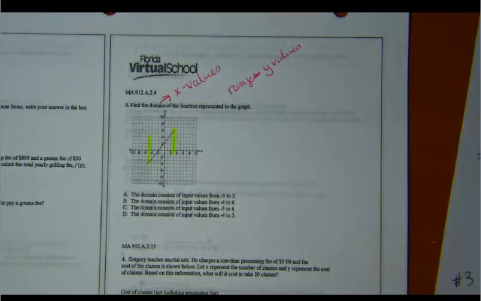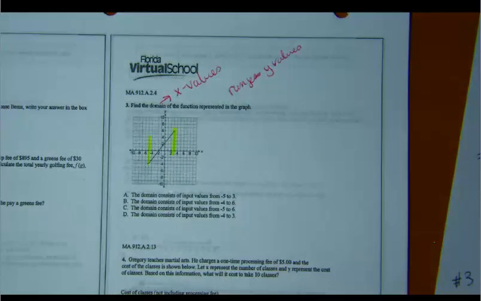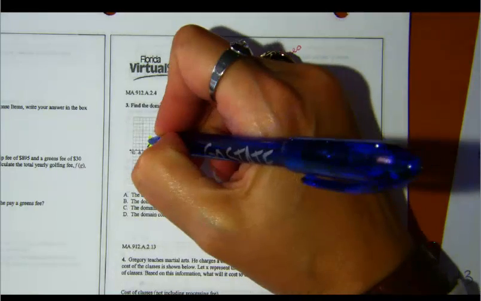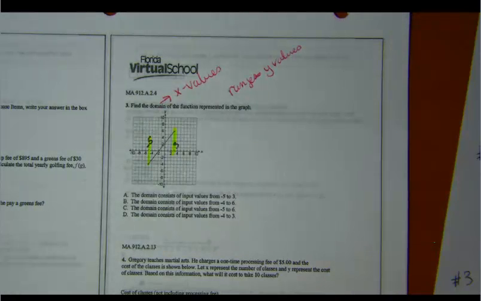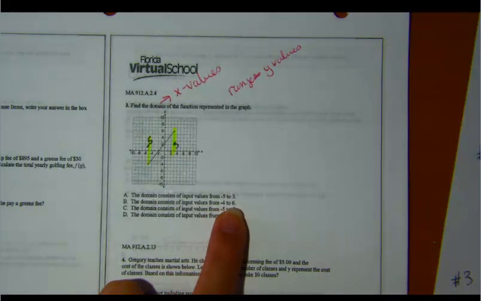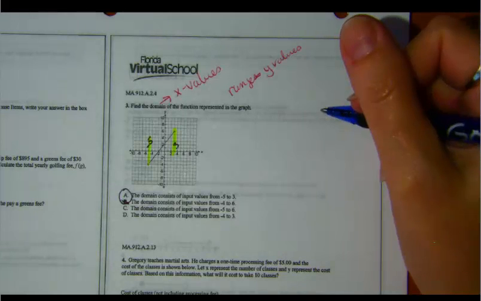So the x's are going to be between these two yellow lines. That's as much as it can go. This value is -5, and this value is +3. So the domain goes from -5 to 3. Does that make sense?